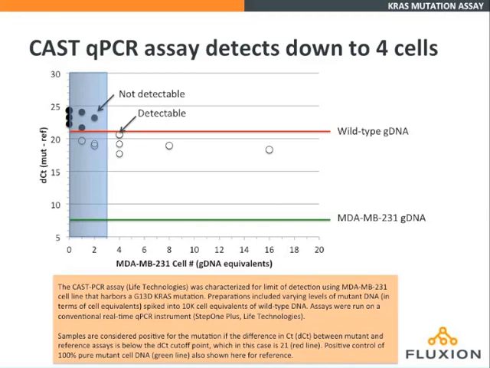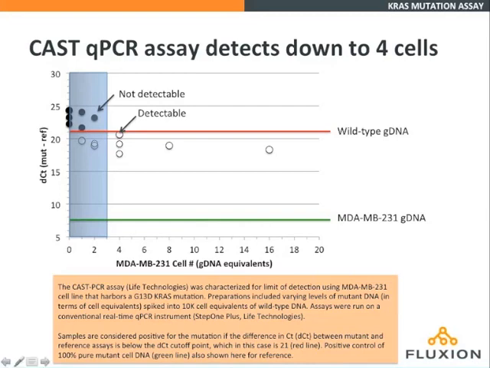Basically, for the KRAS assay, this delta CT measurement is what determines the mutational status, and it's interpreted based on a cutoff. The delta CT is a difference in CT between a mutant and a reference assay. And basically, the cutoff is established such that all wild-type samples are above the cutoff, and mutational positive samples are below the cutoff.